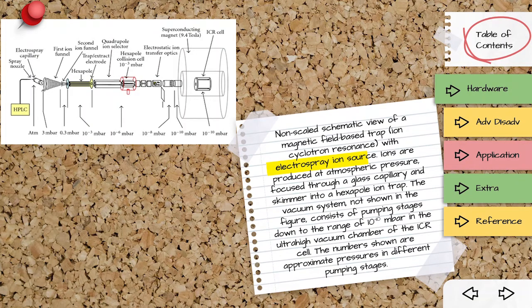The vacuum system, not shown in the figure, consists of pumping stages down to the range of 10 to the power of negative 10 millibar in the ultra-high vacuum chamber of the ICR cell. The numbers shown are the approximate pressures in different pumping stages.